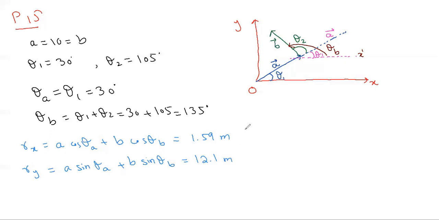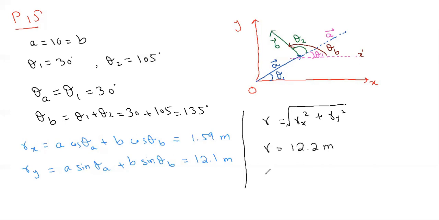So now we can find the distance, that is the square root of Rx square plus Ry square. Put in all these values and you will get an answer of nearly 12.2 meters. Similarly, theta will be tangent inverse of Ry over Rx.